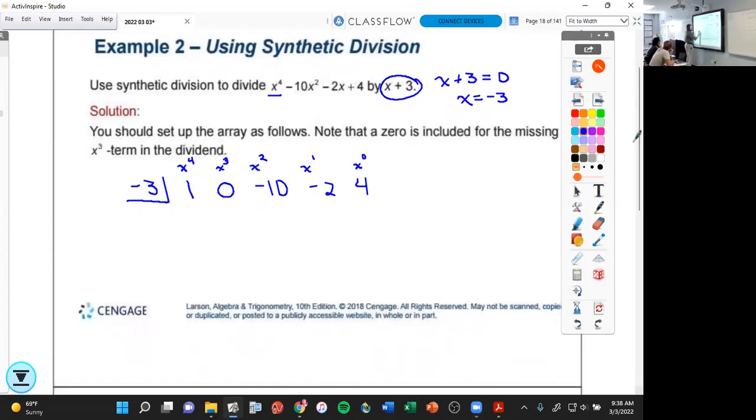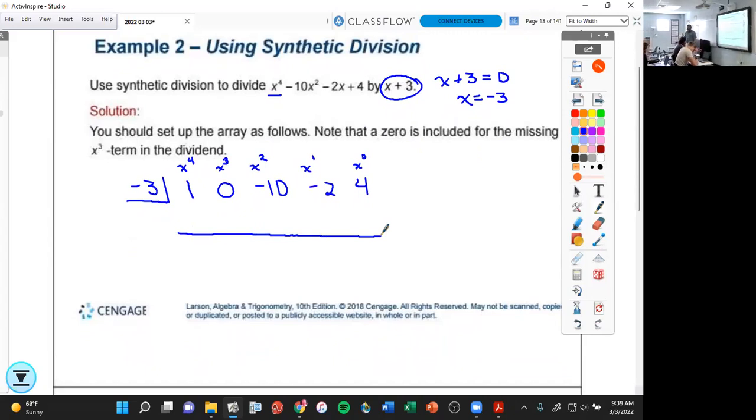I'm going to leave some space right here because I'm going to write in that spot. I'm going to draw a line down here. I've now set this up for synthetic division, and I'm now going to perform it. First step, whatever that first number is, bring it straight down. From here on out, I'm going to do 2 things.